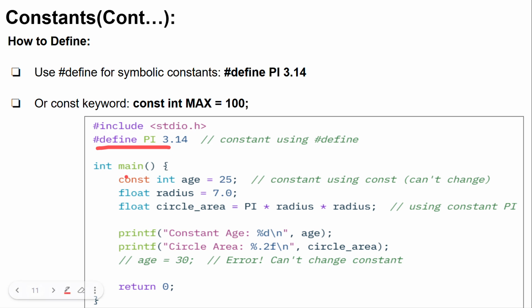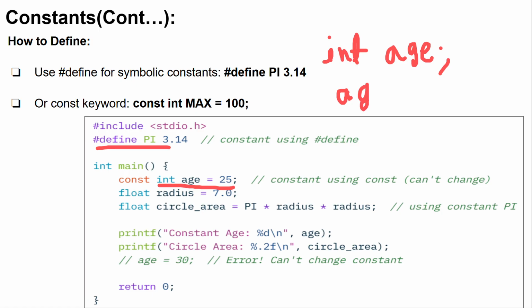Now, in the main function, I will be using int age equal to 25. But you see in the previous example, I used int age. Okay. So here I declared age as an integer type. Later, I can assign any value to age, whether 50 or age equal to 100.